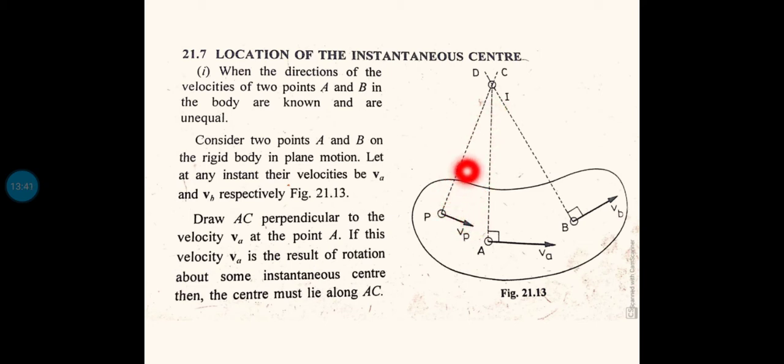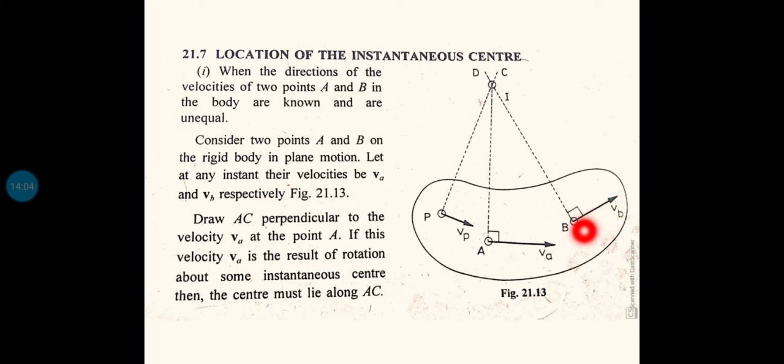Similarly, the velocity vector Va is along this direction, and I am drawing a 90-degree dotted line perpendicular to this Va. Similarly, for the Vb vector also I am drawing a perpendicular from the end B. So from point P I am drawing a perpendicular to vector Vp. From A I am drawing a perpendicular to velocity vector Va.